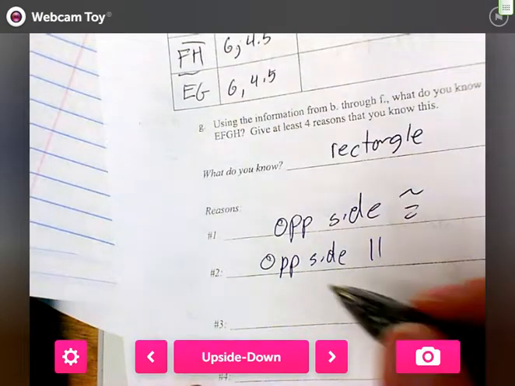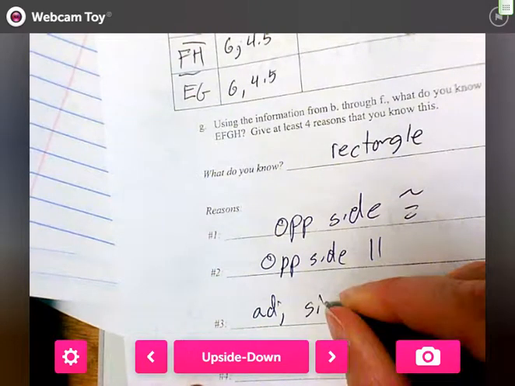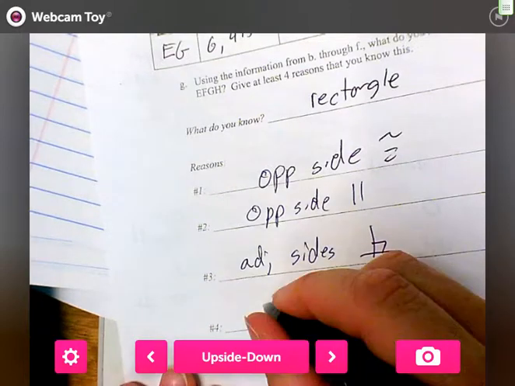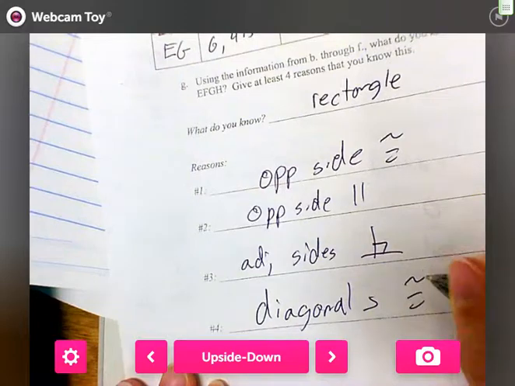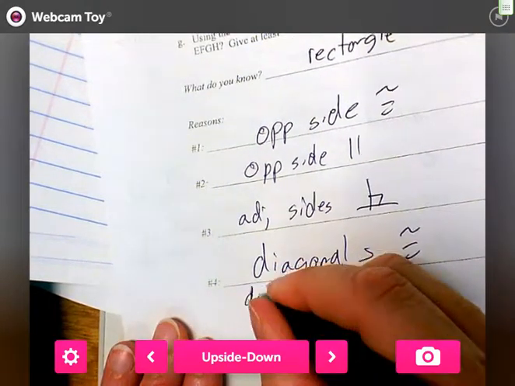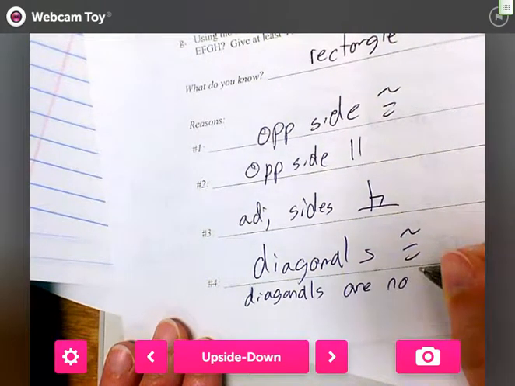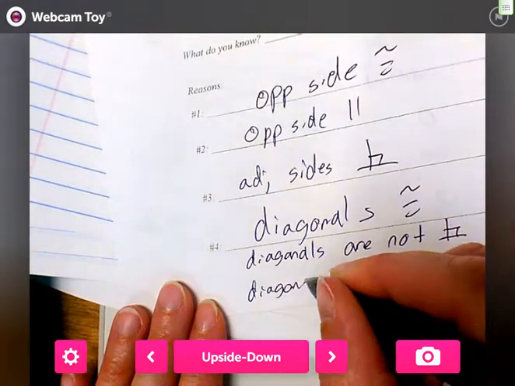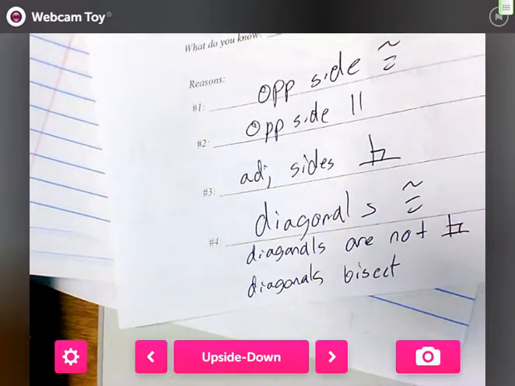For part C, it also says adjacent sides are perpendicular. It also says on the back here we've got diagonals are congruent. I've got 2 more reasons. Diagonals are not perpendicular, and the diagonals bisect. So it only said 4 reasons, but I have 6, so you only have to have some of them.